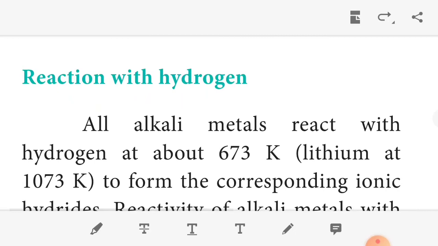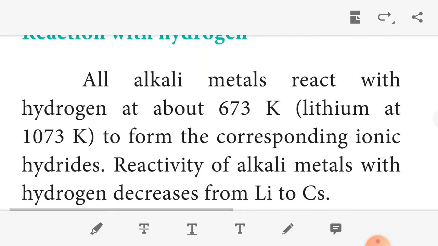The next chemical property is reaction with hydrogen.